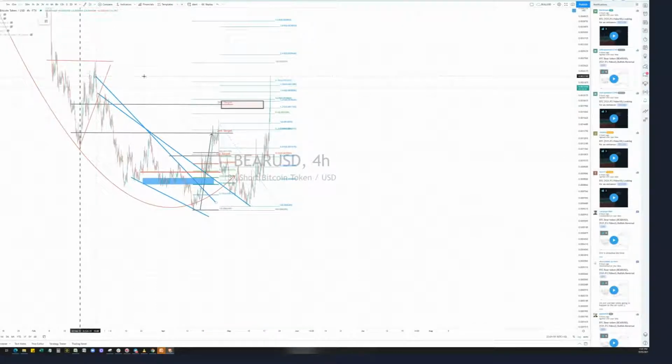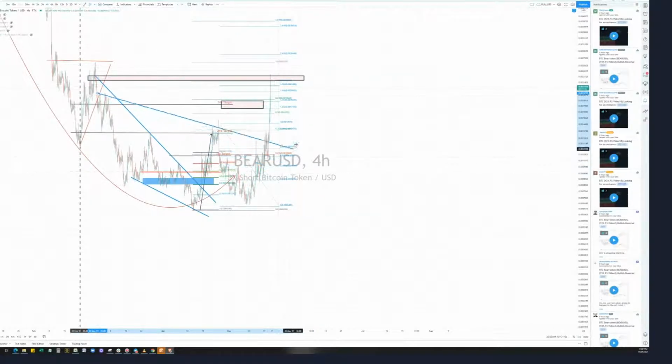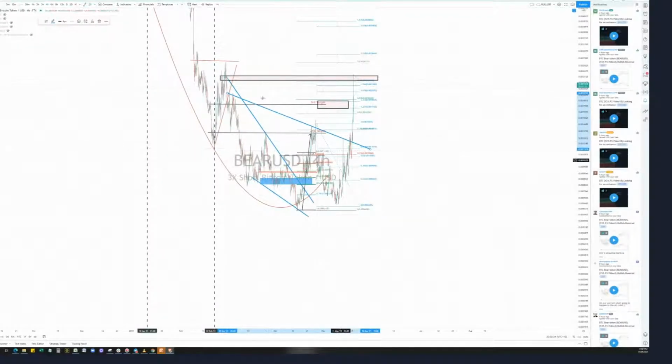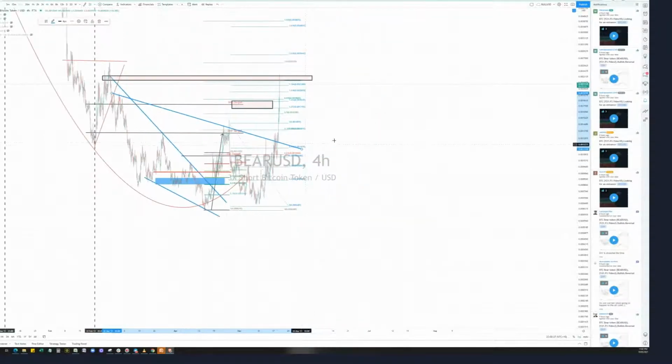So Bitcoin bear, you can see using the inverted bar process, this line, you can actually use this line for many ways. You can also do it this way as well. The formation started from this top, and this is where we hit it. So I could be wrong, but this also complements the target for Bitcoin, where this is the bearish target. Yeah, I can't go more into that.